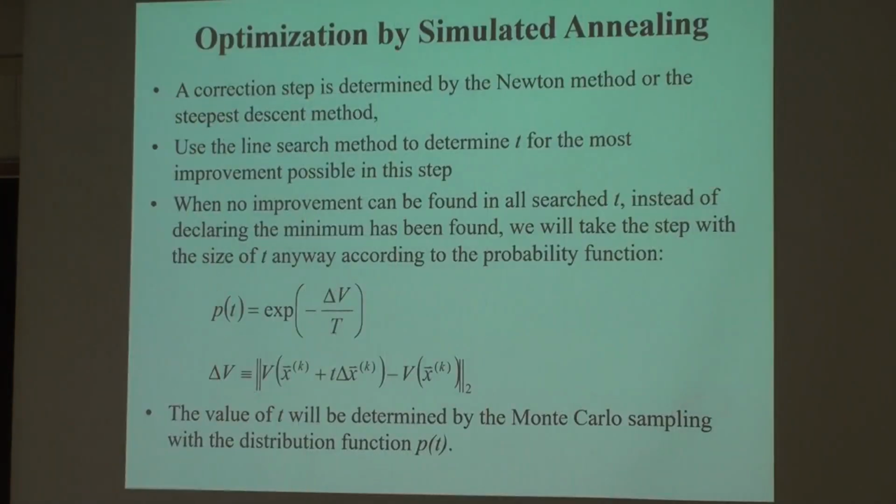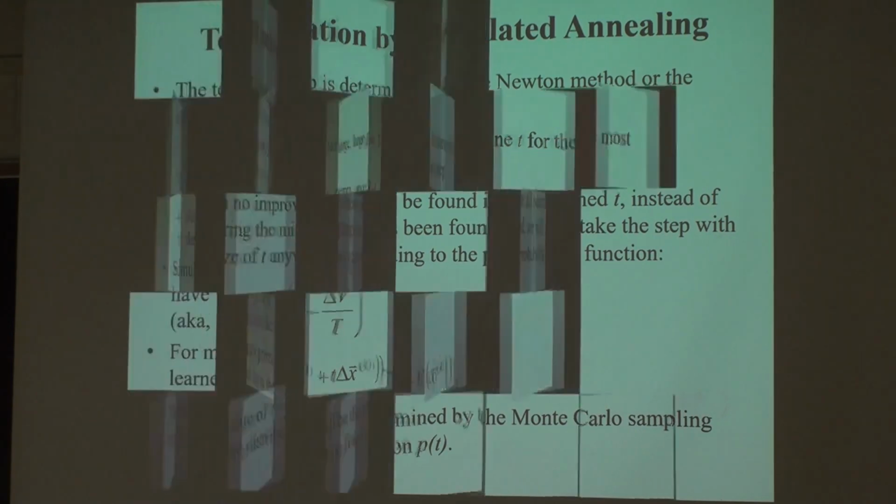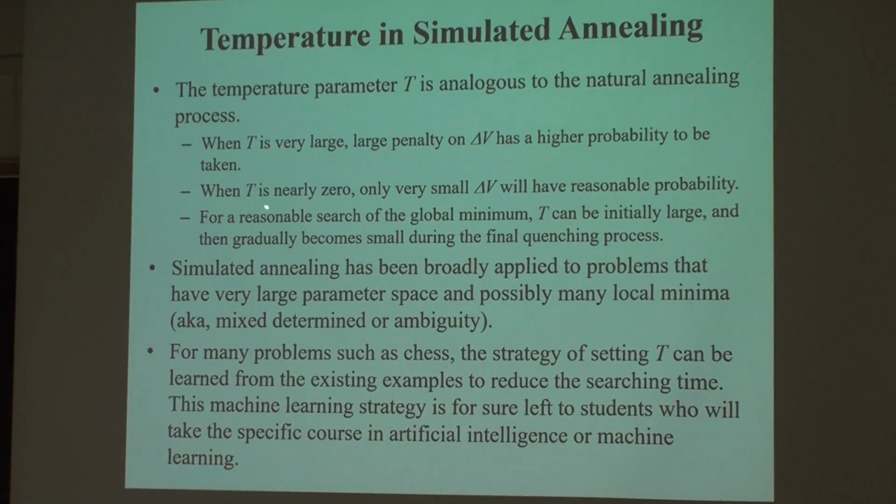In this function, when T is close to 0, this term is a huge number, which means this exponential term becomes very small, so you cannot take any heavy penalty. When T is large, it's like I heat up the material. When T gradually becomes smaller, I restrict the way I can be kicked out of the local minimum.